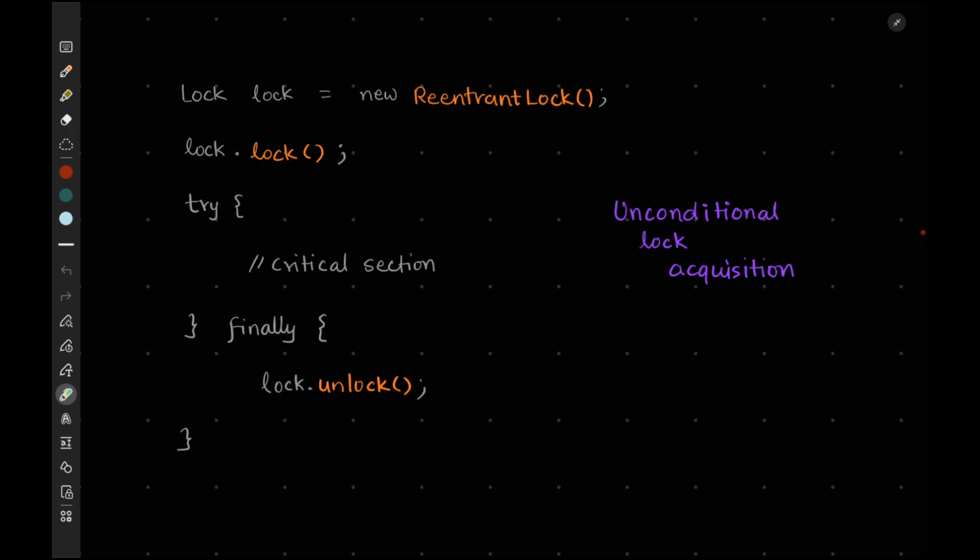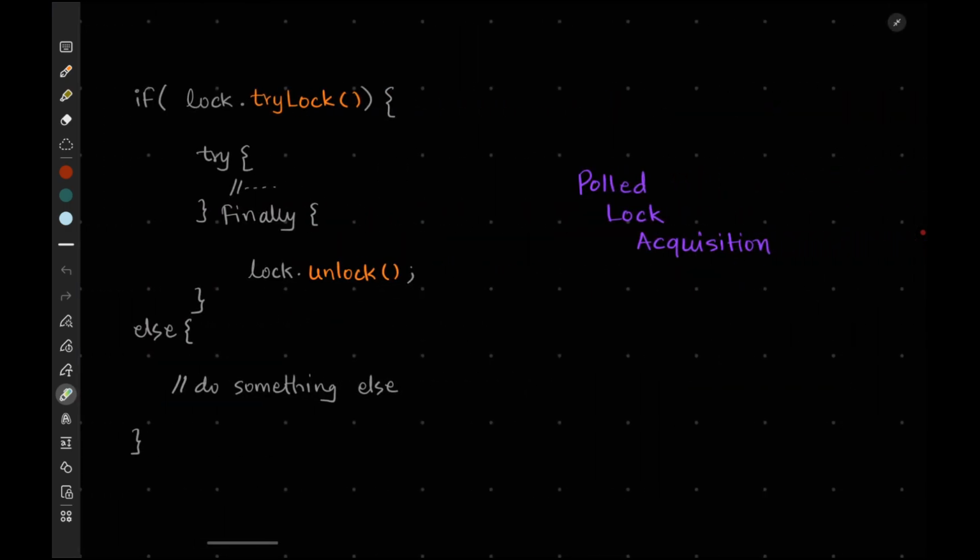The first superpower of reentrant lock is the tryLock method, which is polled lock acquisition. You can attempt to grab the lock if it is available immediately. You acquire it, but if it is not available, you don't wait for the lock. You can simply get out of it and do something else.